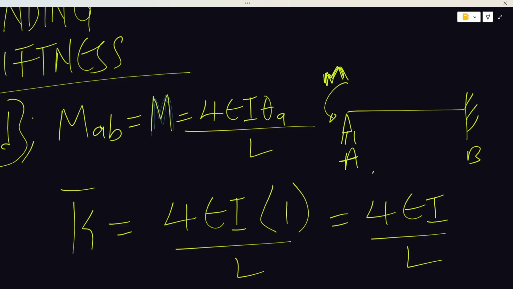It means that for that beam, whether it is AB or BA, my bending stiffness is just me setting theta A to be 1. Because from the definition of bending stiffness, it is how much moment I can apply to the beam, not to an end, to the beam. So I can have my bending stiffness as KAB, K prime AB, or K prime BA, because I'm dealing with the beam, to cause a unit rotation, a rotation of 1. So that is it.